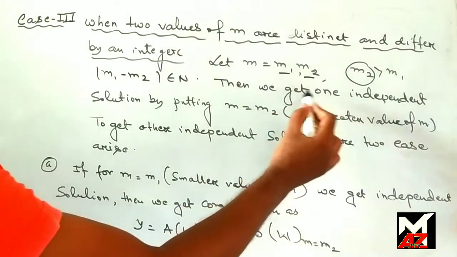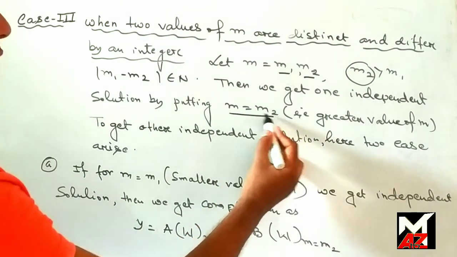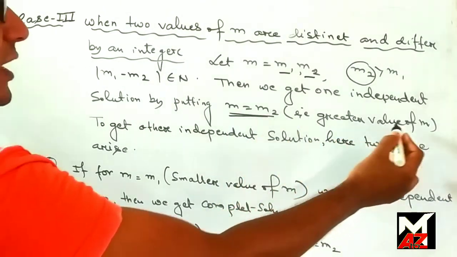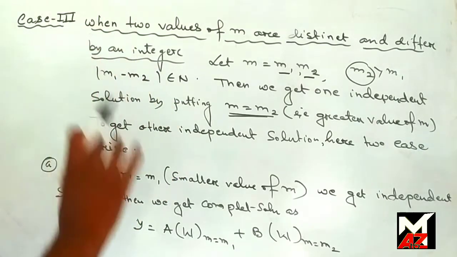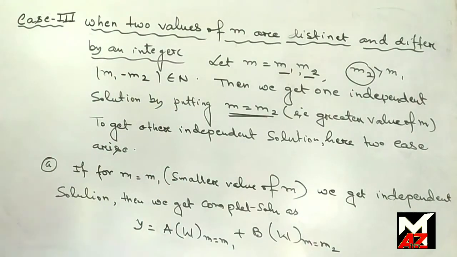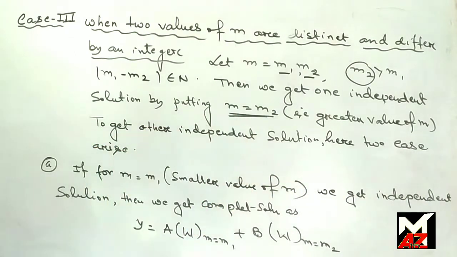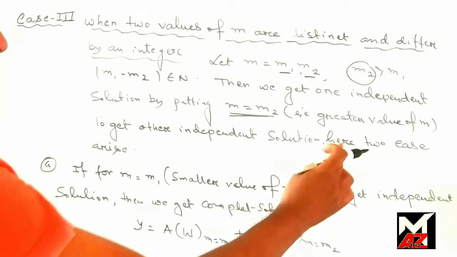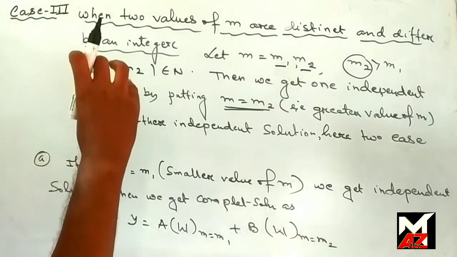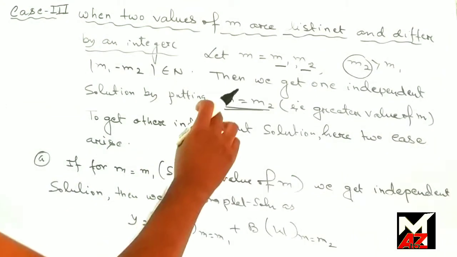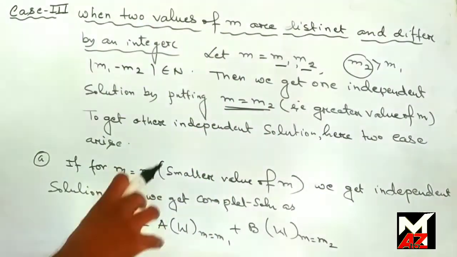Then we get one independent solution by putting m equal to m2, the greater value of m, in w, where w is given in case 2. To get the other independent solution, two cases arise.